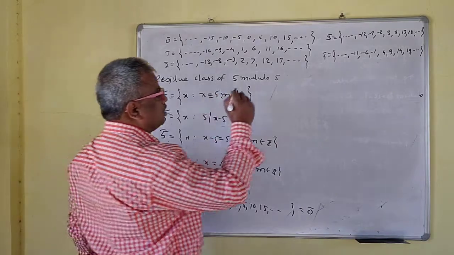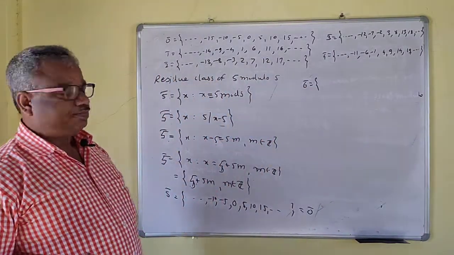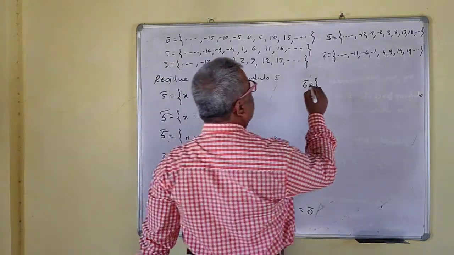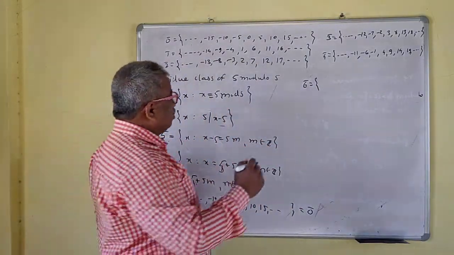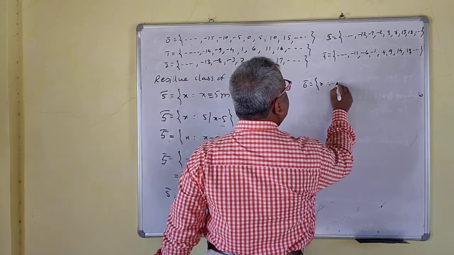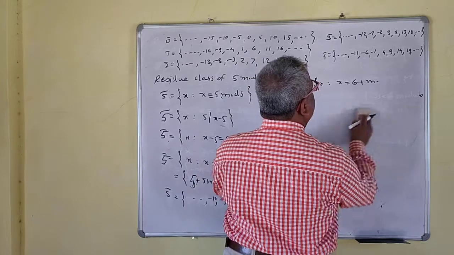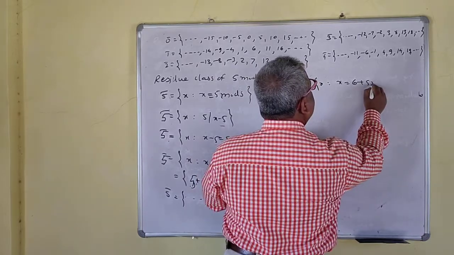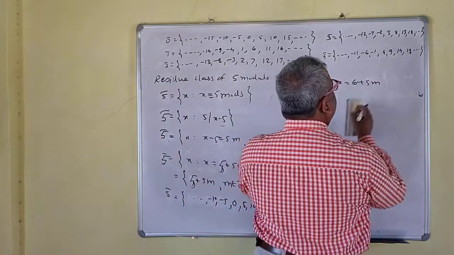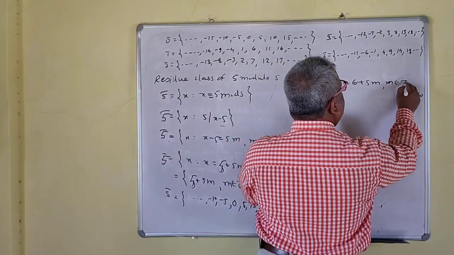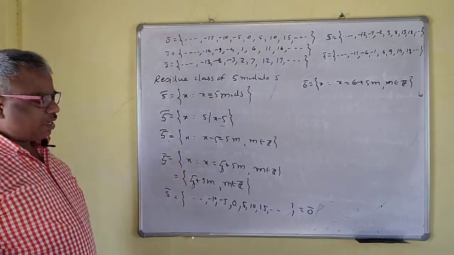Now we'll check for 6 bar. So 6 bar is same as what? I will directly write x such that x is equal to 6 plus 5m, where m belongs to Z. We are doing this for your understanding.